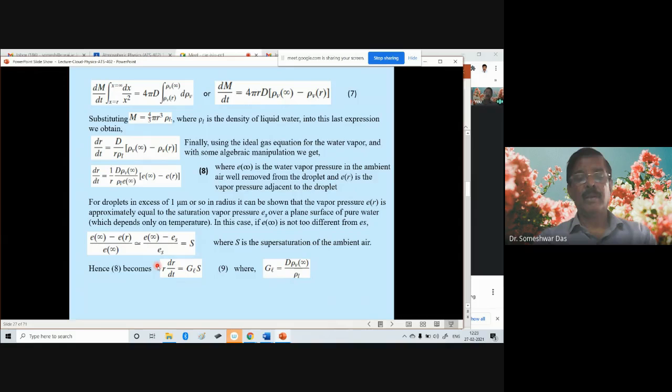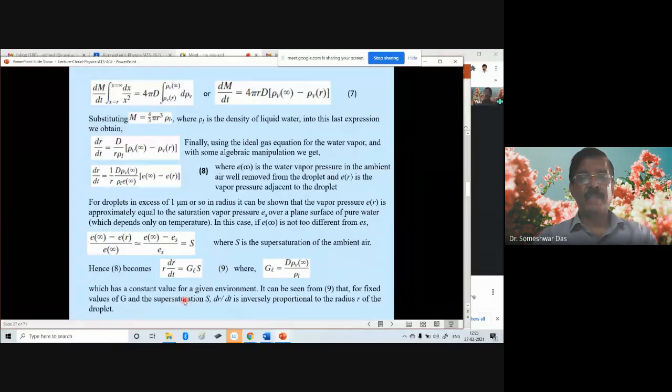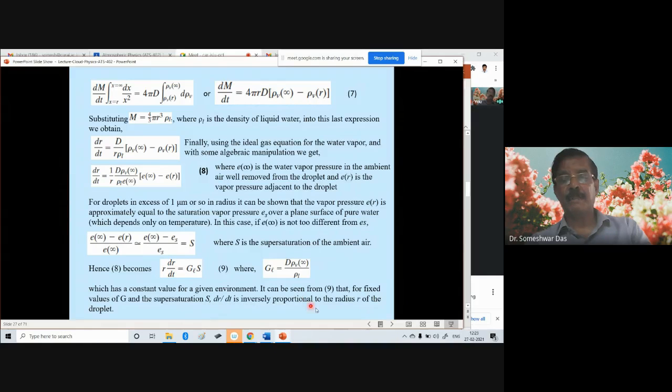We have got the simplest expression for computing the rate of growth of the water droplet radius with time, which has a constant value for a given environment. It can be seen from this equation 9 that for a fixed value of G_l and the supersaturation S, dr by dt is inversely proportional to the radius of the droplets.